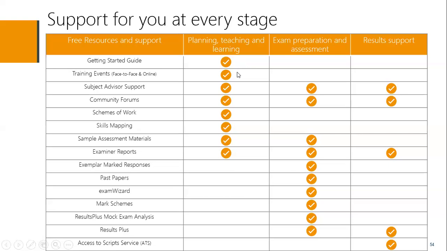For planning, teaching and learning, we've got the Getting Started Guide, the training, schemes of work, skills mapping, SAMs, examiner's reports. Then we've got things to help with examination preparation and assessment. And then there is support after the results come out.